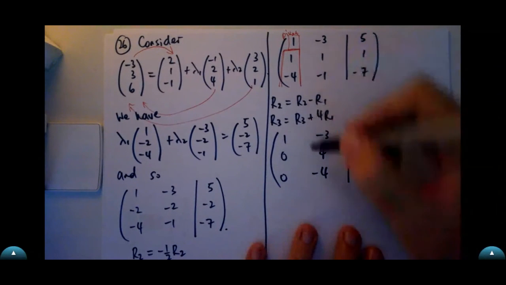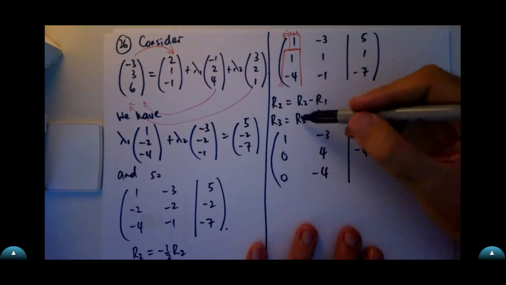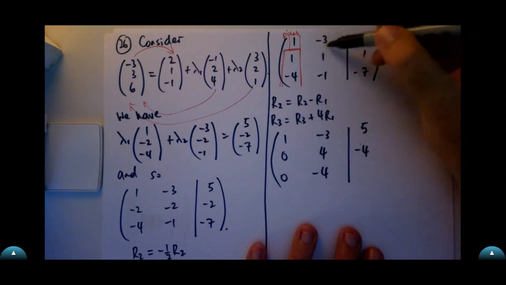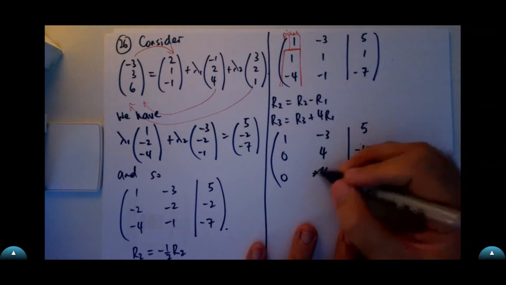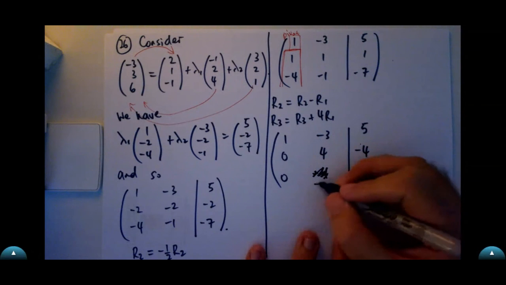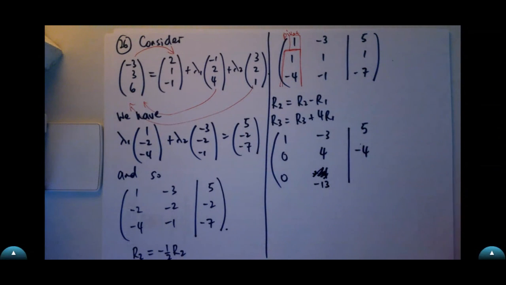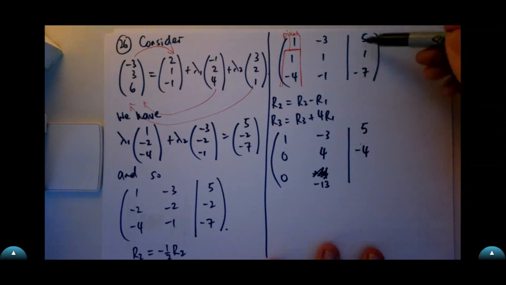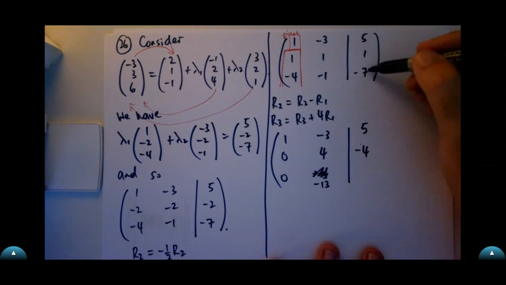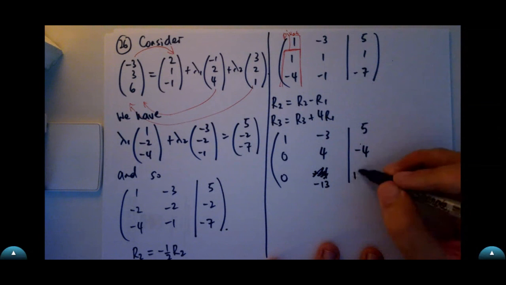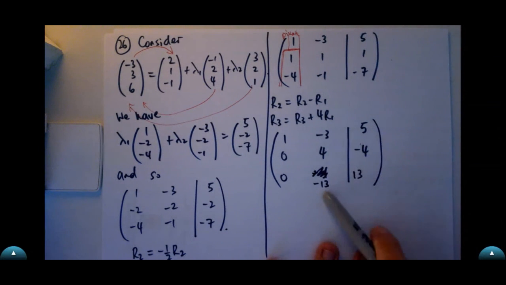Oh, hang on. Sorry. Let me fix that up. That plus 4 times that, it's going to be negative 13 plus 20. See how easy it is to make a mistake? Okay, so I just saved it there.